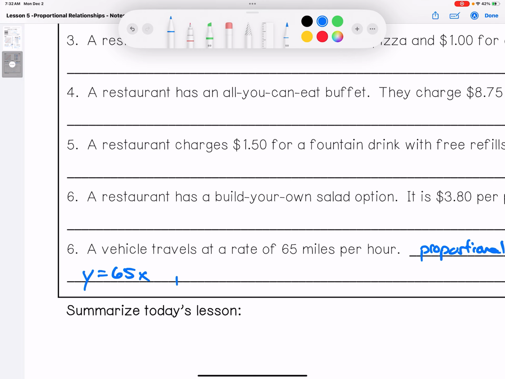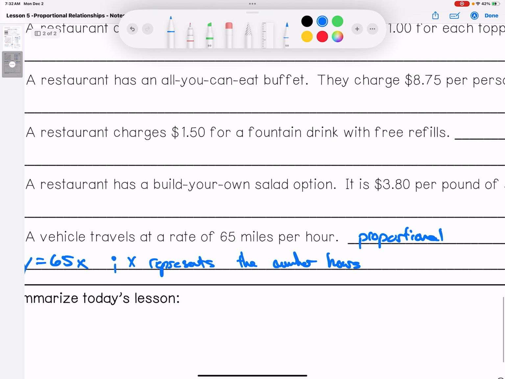What does X represent? X represents the number of hours driven, and Y represents the number of miles driven.